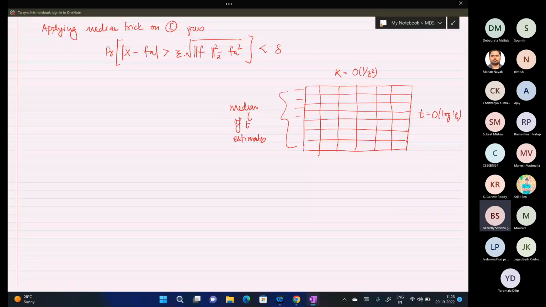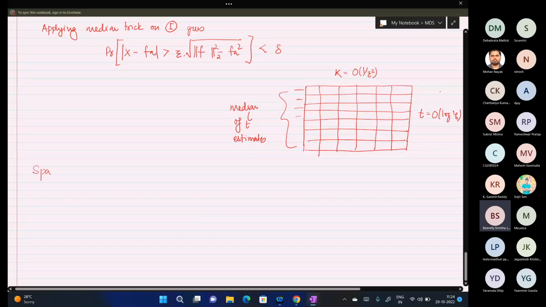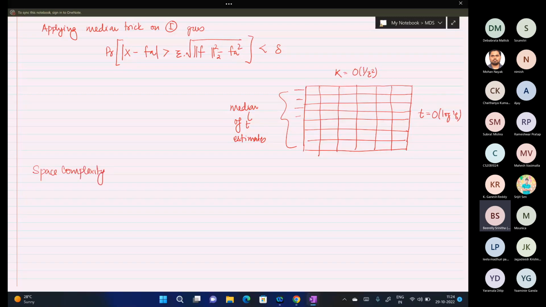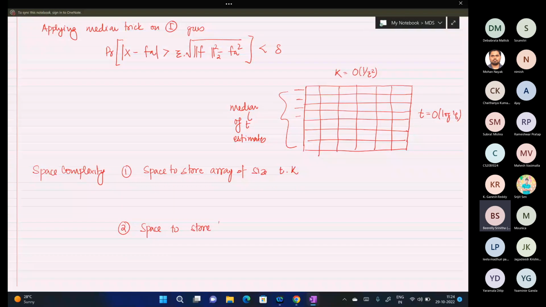I'll quickly wrap up by stating the space required to store the sketch. The space complexity consists of two parts. First is the space to store this array of size T into K, and the second is the space to store hash functions.